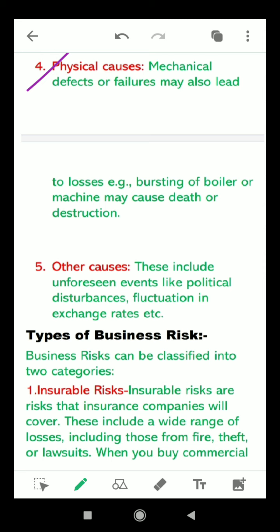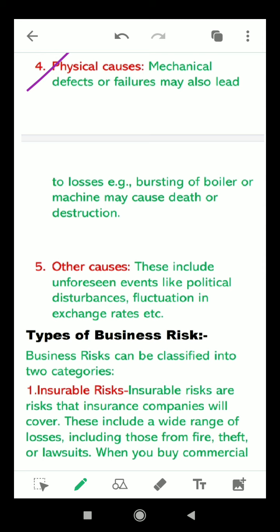So there may be depreciation in machine due to passage of time or wear and tear. Then the advancement in machine or technology may render all machines out of use. And the lack of care in maintaining machines and equipment may lead to frequent breakdowns and accidents and brings business risk.